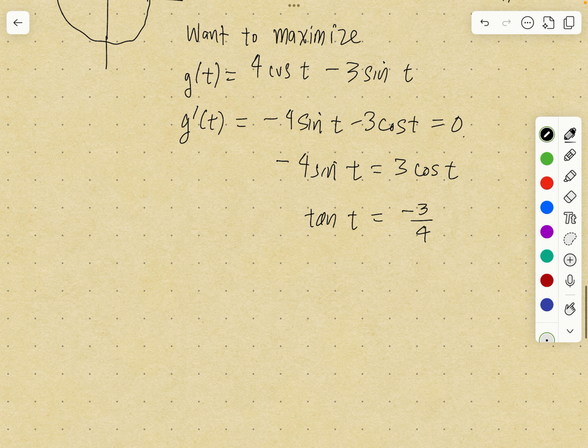Well, if tangent of t is negative 3/4, where is that? Tangent is the ratio of opposite to adjacent. So let's see, like here.